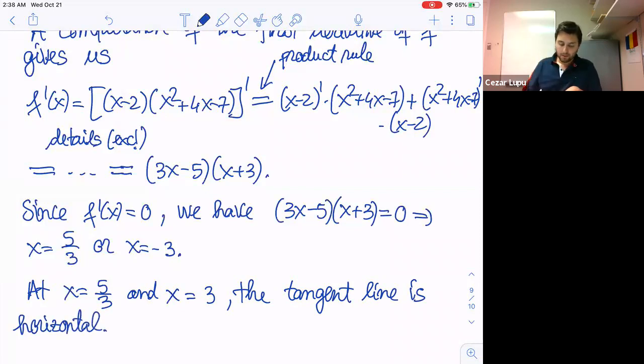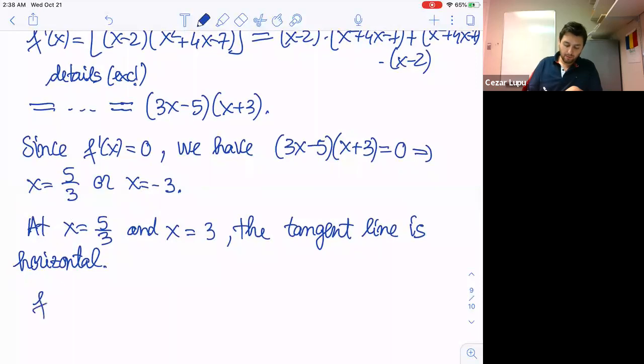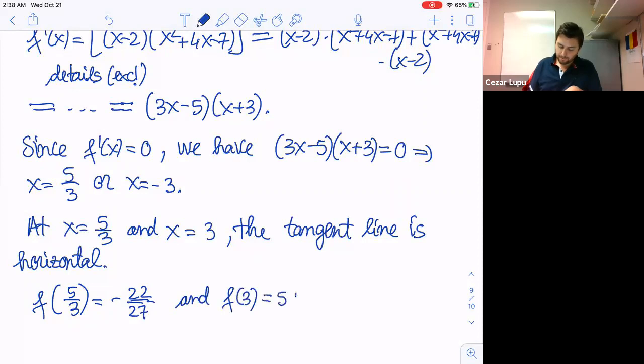Okay. So now let's compute f of 5 over 3. Let's evaluate this. This will give us negative 20 over 27. And f of negative 3 is 50.